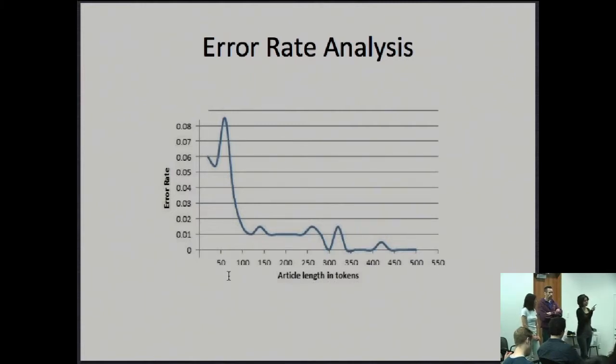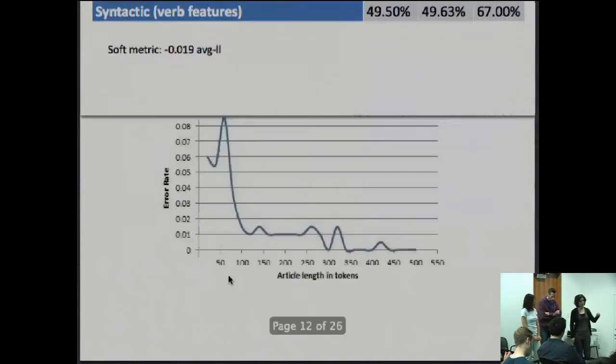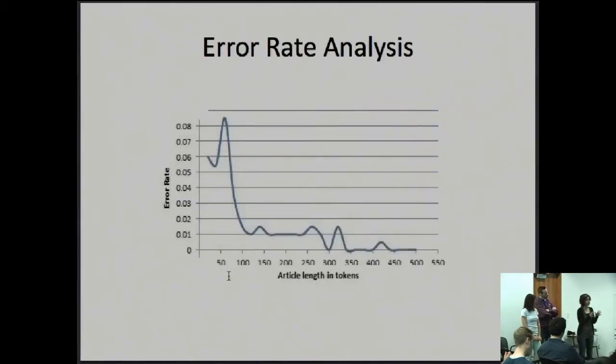Thank you. Just the point that you mentioned about error analysis: at the beginning we tried to focus on the short articles and the long articles, because we saw that our features are very good at long articles, but on the short ones they are not. So we tried parsing the sentences. We thought that if we can find whether these sentences are grammatical, like if you give us a one-sentence article, then whether it's grammatical or not might be the best way to tell whether it's fake or real.